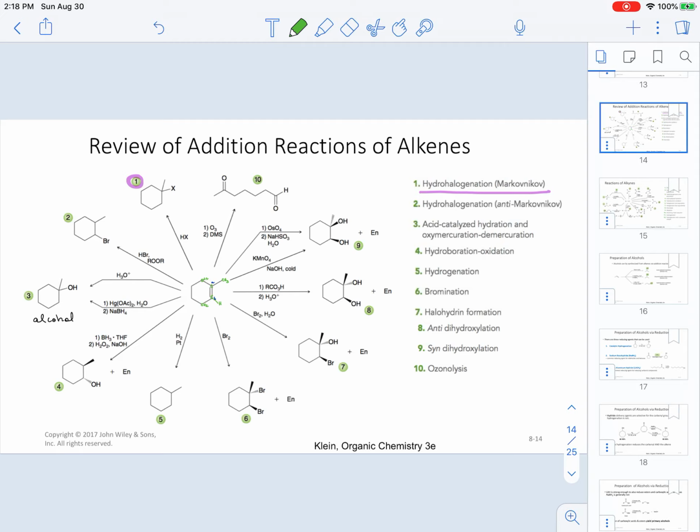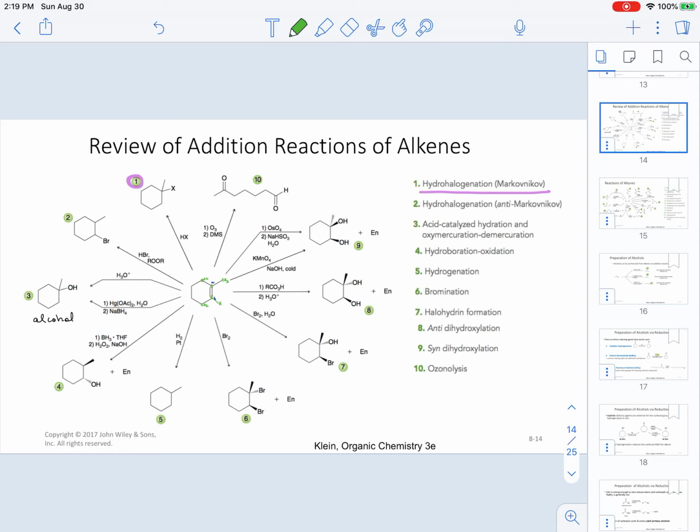So let's get started with the first reaction, which is hydrohalogenation.